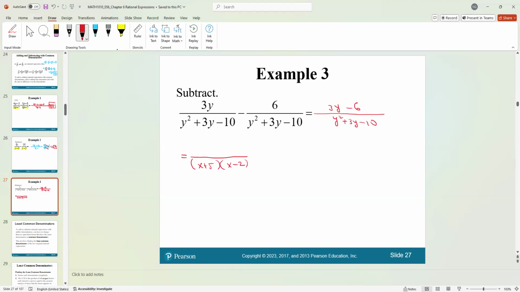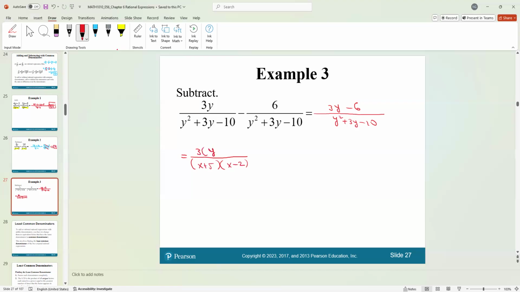Now, we could rewrite 3y minus 6, but as we learned in the previous video, you must always factor out the GCF, the greatest common factor, and cancel it out if you have it in the numerator and denominator. I realize that we have 3 as a common factor.